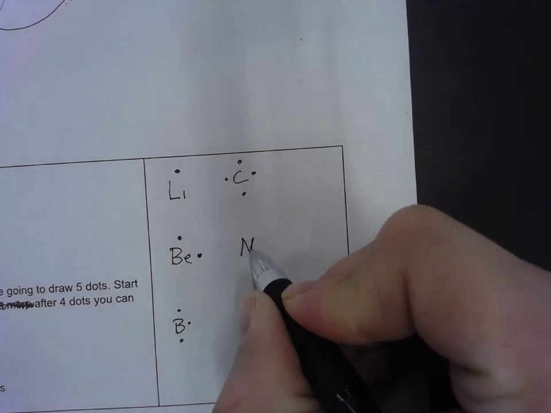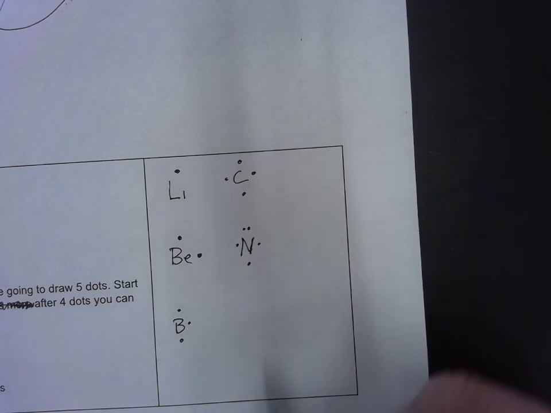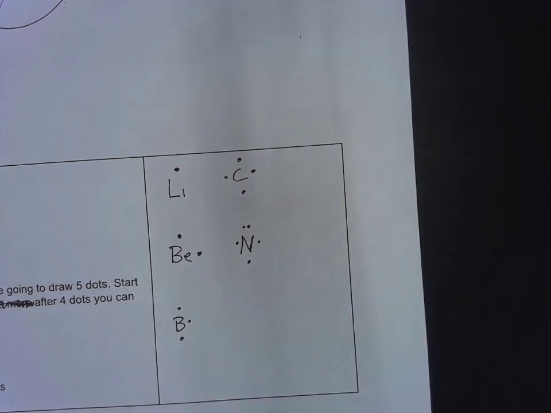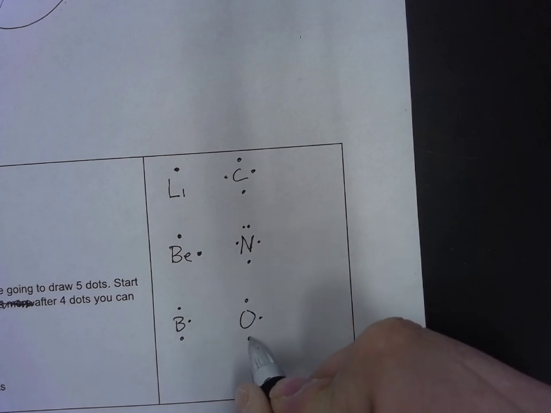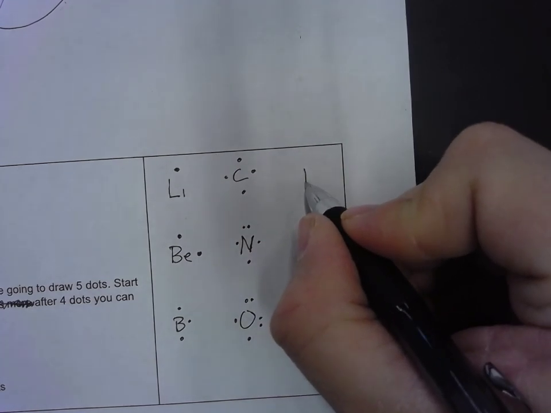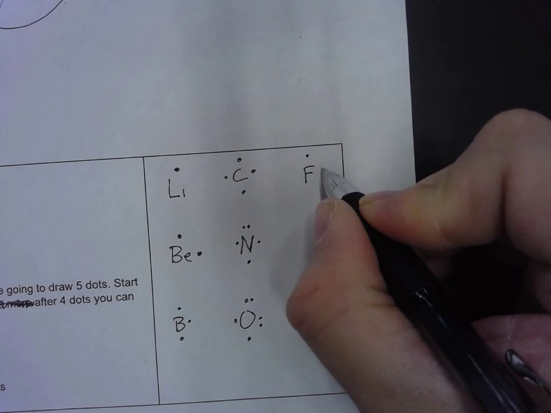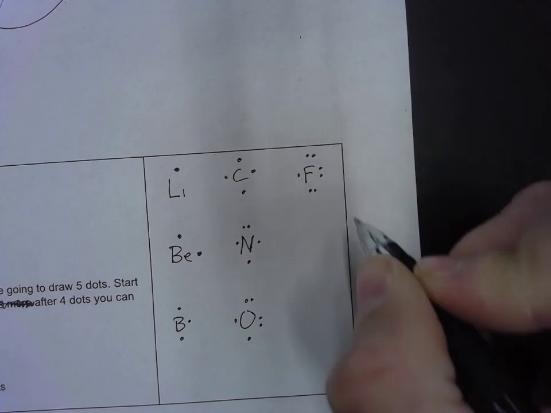Looks like this. 1, 2, 3, 4, and 5. Oxygen, group 6. 1, 2, 3, 4, 5, 6. Fluorine, group 7. 1, 2, 3, 4, 5, 6, 7.